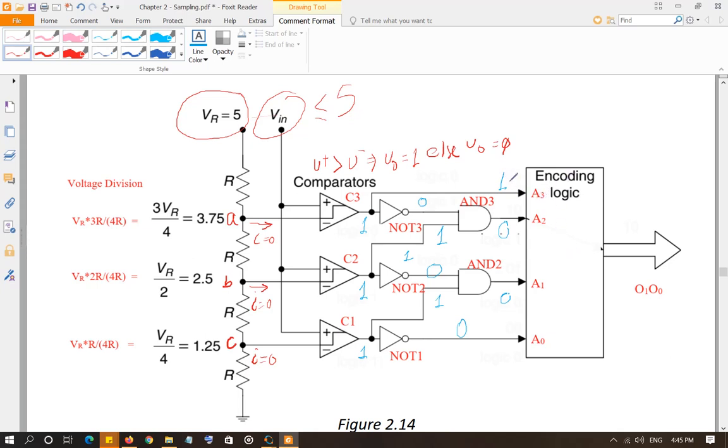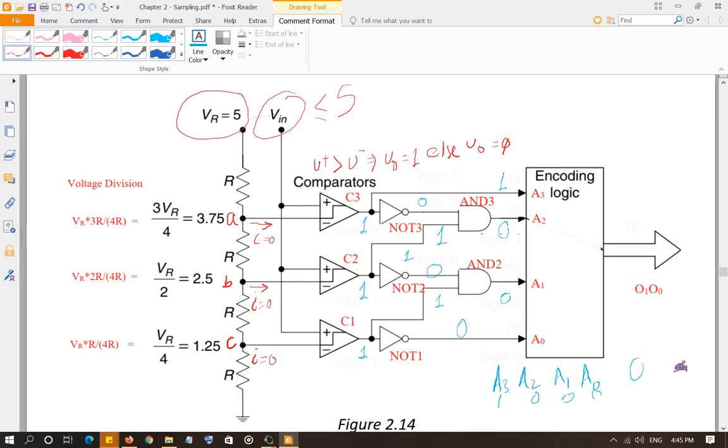input to the encoder is going to be 1 0 0 0. So that's your A3, A2, A1 and A0.